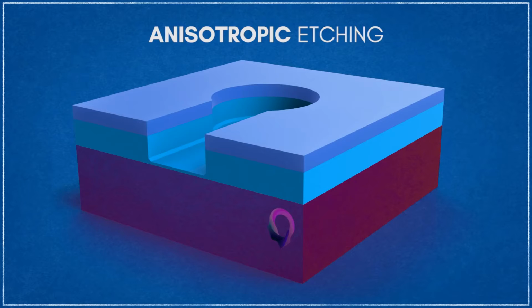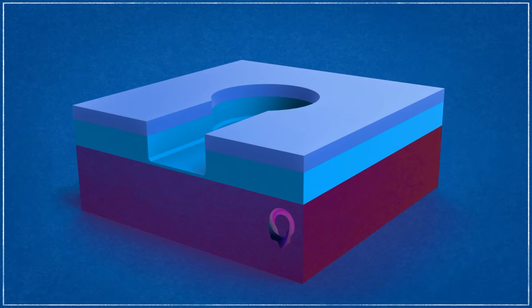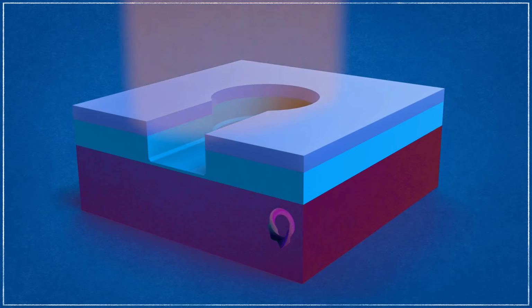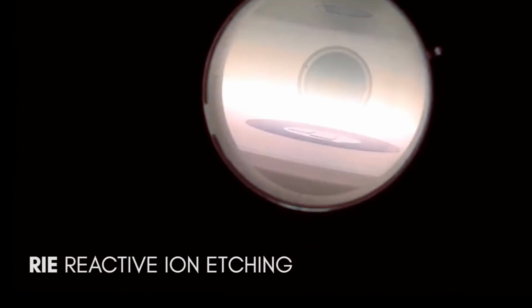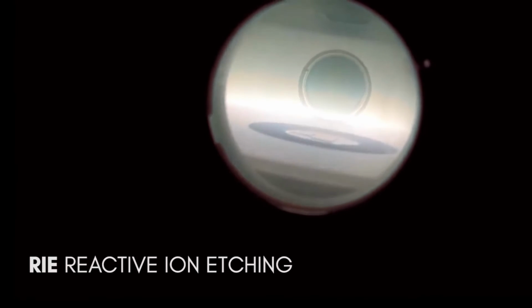In this case, we are going to focus on the dry etching method. Dry etching relies on vapor phase or plasma-based methods of etching using suitably reactive gases or vapors, usually at high temperatures.